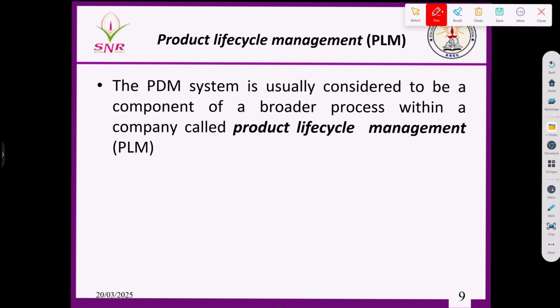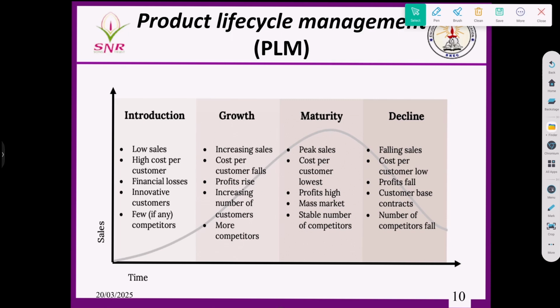So product life cycle management is the concept which manages the product's life since its launch to its decline at the customer's end. It is very well depicted in this graph, where first the product will be launched in the market.